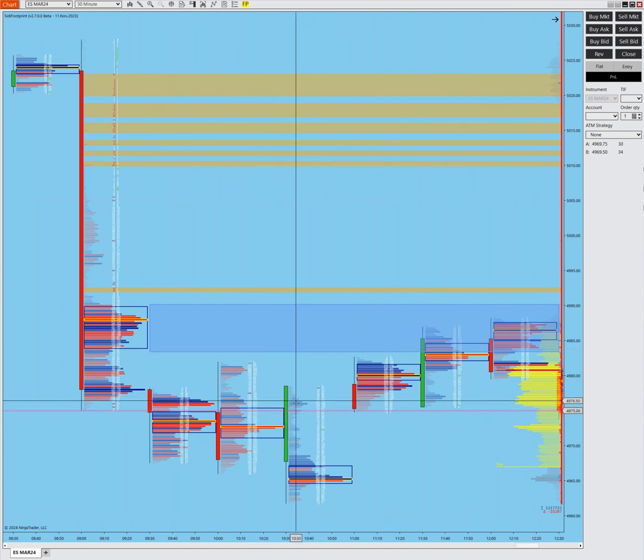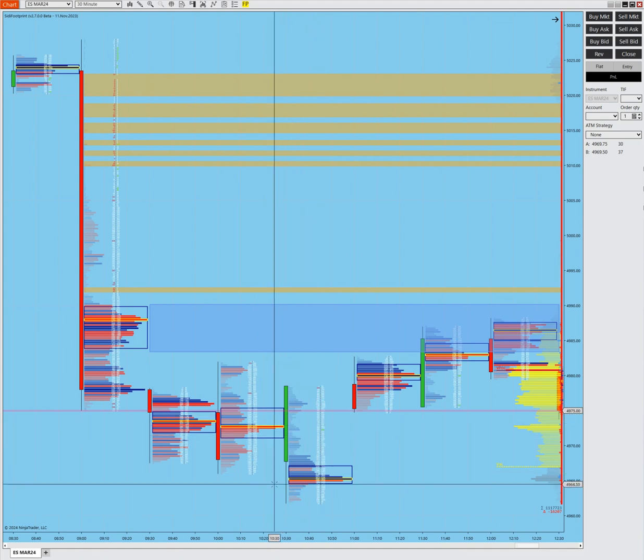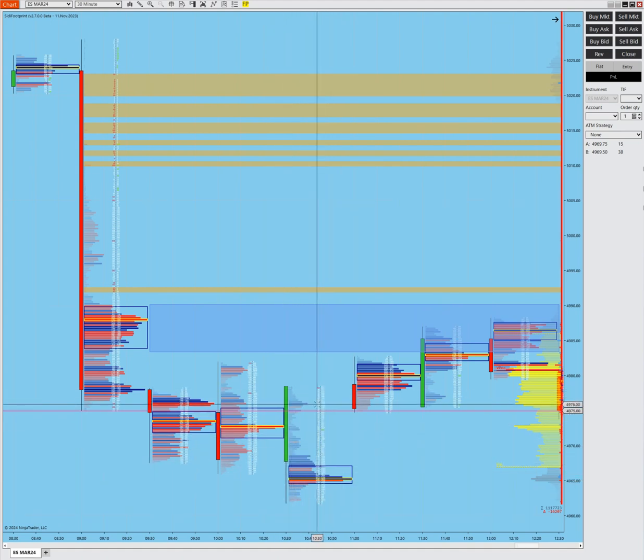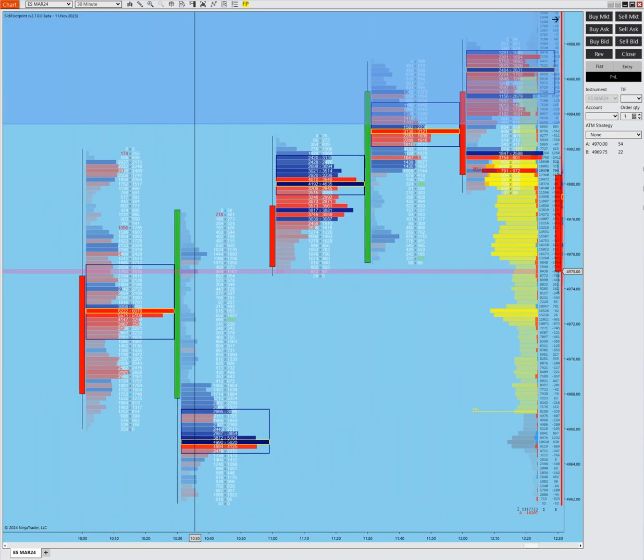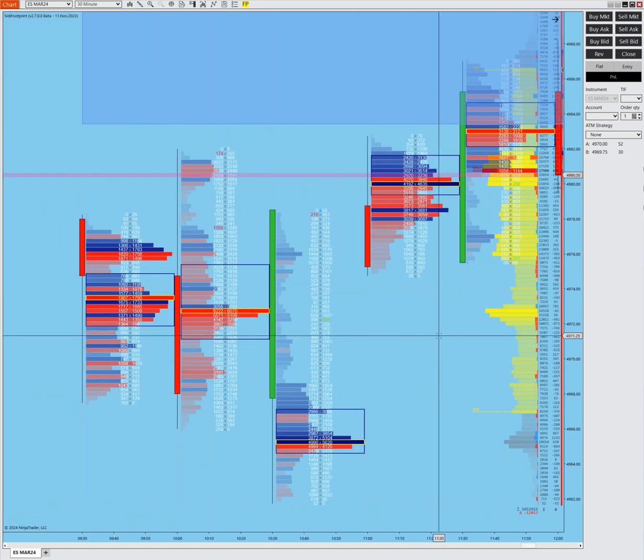So I had kind of already planned out my day, and unfortunately this candle went a bit too far, but I did catch a small long off of this level right here. You can see the market opened up here. I scaled into the trade off of this little high volume node right here, and I rode that.